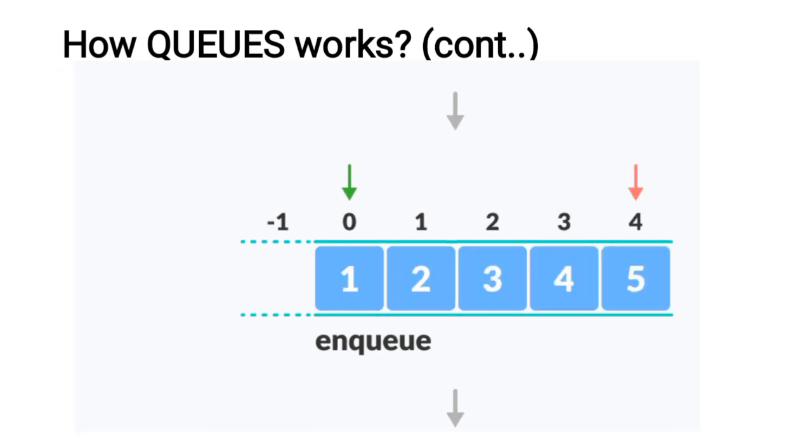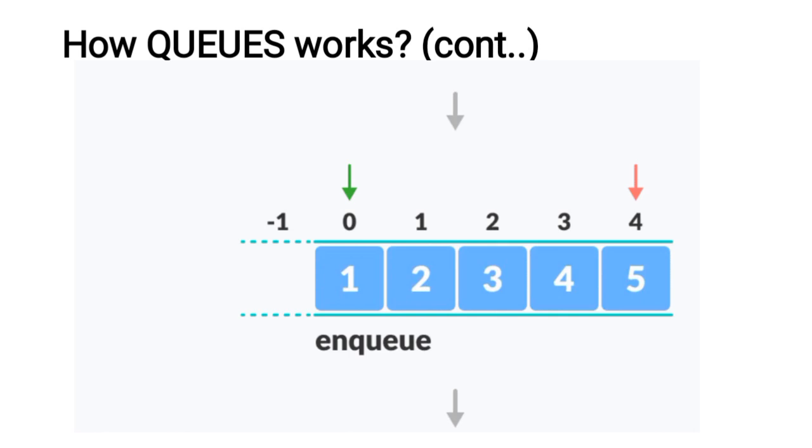Over there, we have added lots of values. It means that the value of front is 0, and the value of rear is 4. That is what we have over there. Please don't get confused about the elements that are written over there in blue squares. Blue squares are representing the real elements.